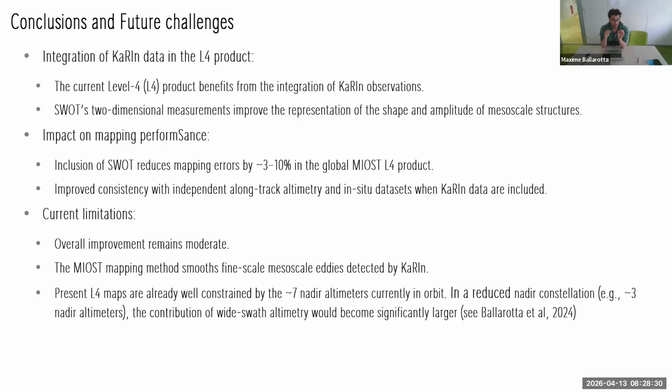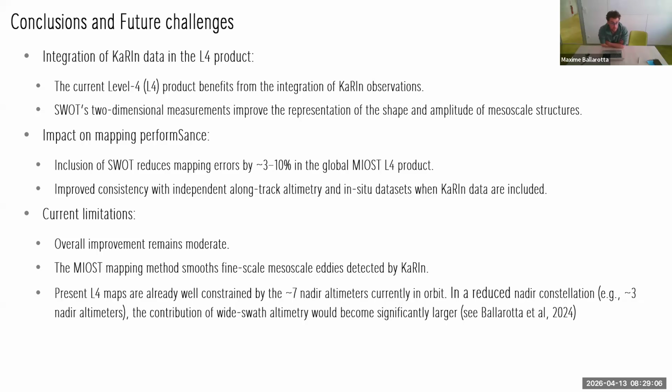I have put some points about limitations. We may think that the improvement is moderate, but one thing is that in the first observing system experiment that we did, we were using only 3 nadir altimeters, which is quite different from 8 or 7 nadir altimeters constraining the map.